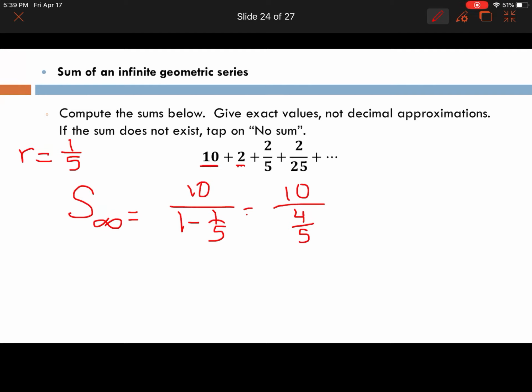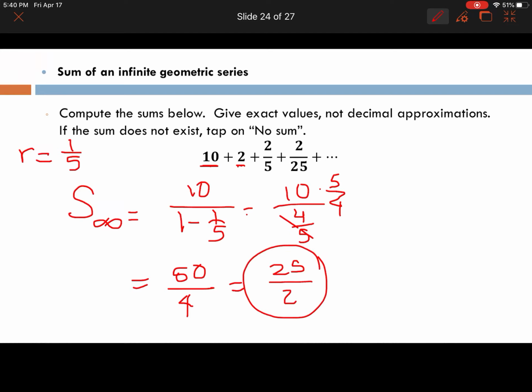And dividing by 4/5 is the same thing as multiplying by 5/4. So I will have 50/4, or divide by 2, 25/2. Okay? So this is the infinite sum.